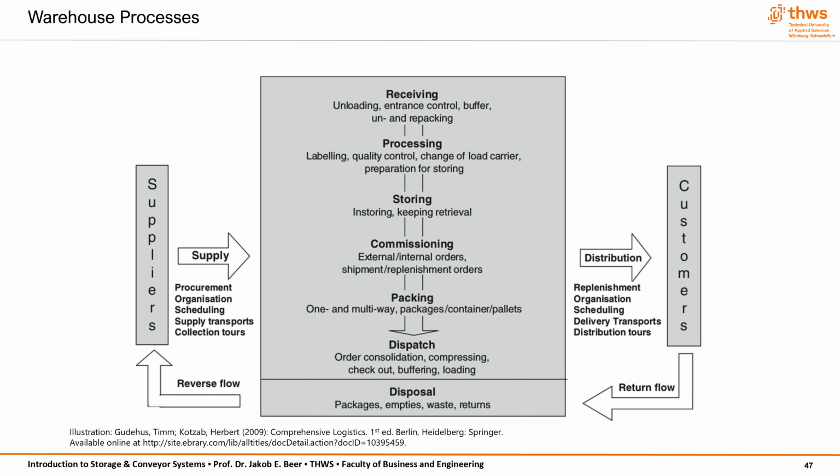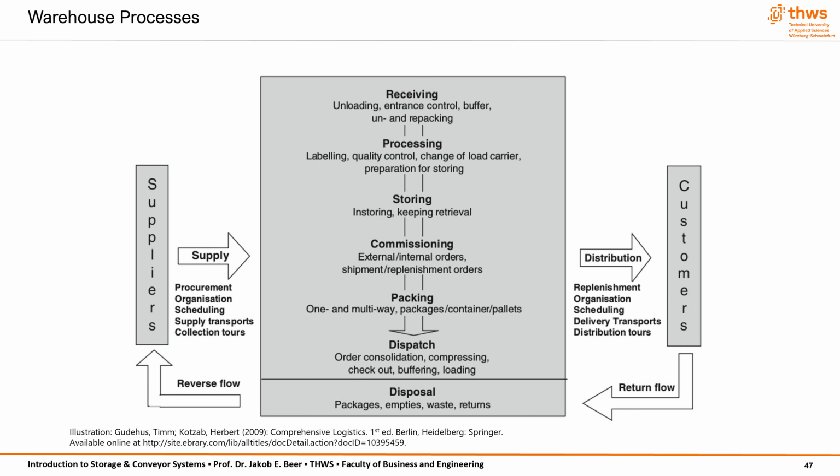At the bottom of the internal warehouse processes, we see the disposal step. Disposal includes handling empty packaging, waste material, damaged goods, and returns. Not all goods that enter a warehouse leave as saleable product. Some goods are damaged on arrival, damaged during storage, expire, or are recalled.